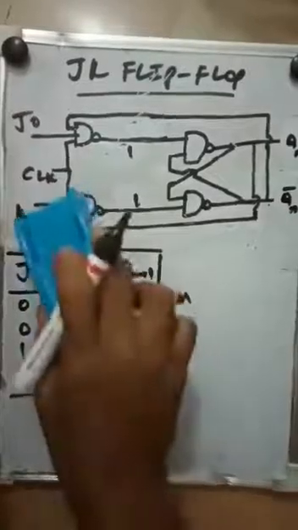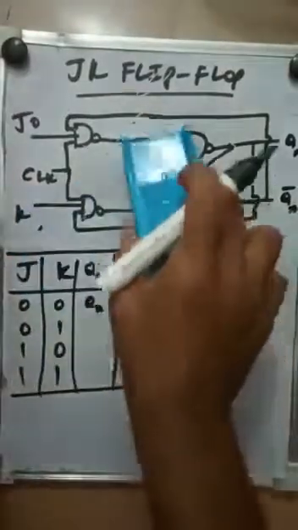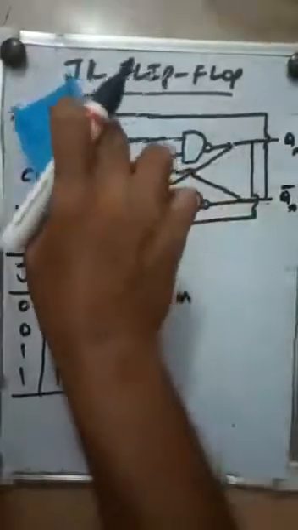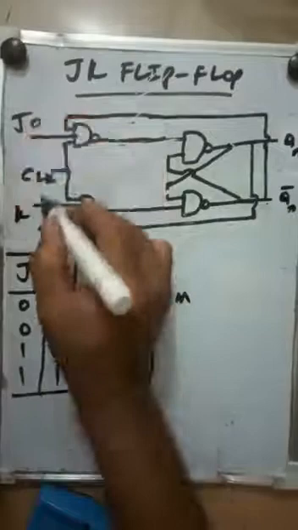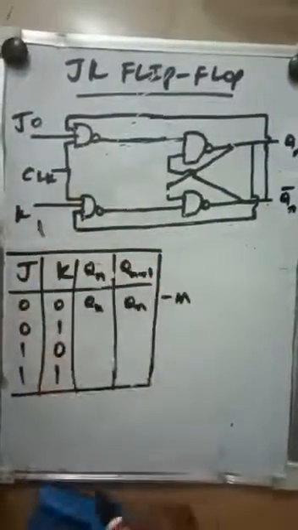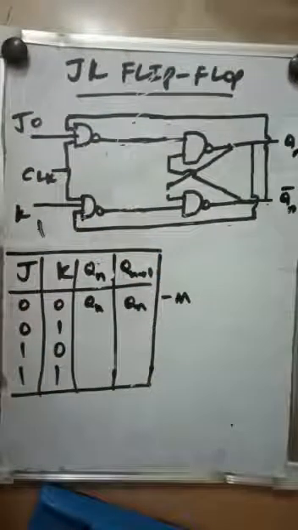Next, coming to the next case, J equals 0 and K equals 1. Let us check what will happen.